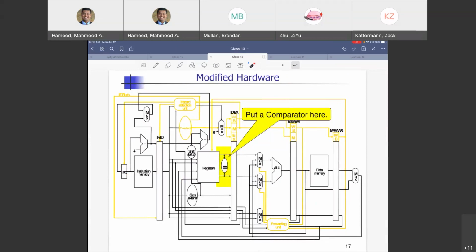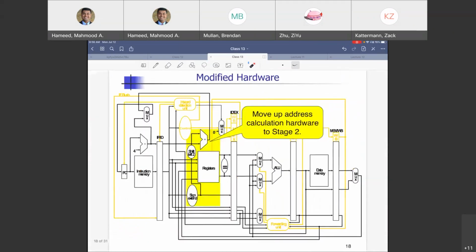If the comparator is comparing two 32-bit numbers and says that they are equal, then you know already. You don't need to wait until here. You already know that those two are equal. So instead of making the decision in stage 4, now you are making the decision in stage 2 by moving the comparator over there. So that's your modified hardware.